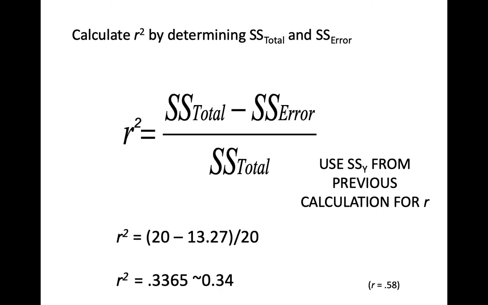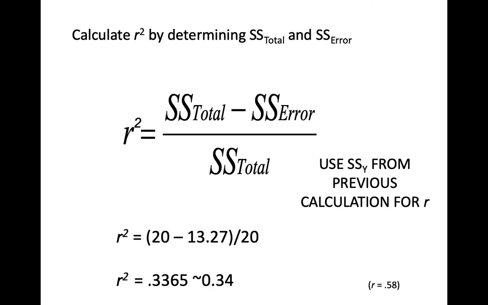Hopefully this has reinforced a couple of things: how to calculate a correlation coefficient, and how to take that correlation coefficient as well as the descriptive statistics, mean and standard deviation, and come up with the slope as well as the y-intercept, the regression coefficient and the regression constant.